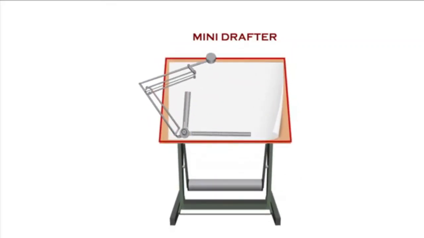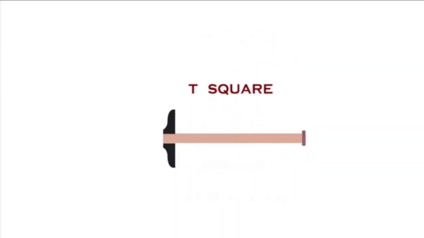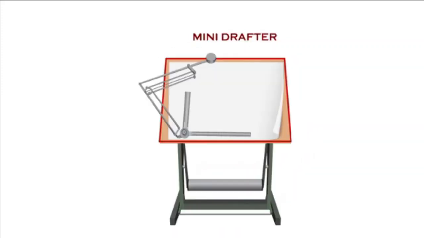So the mini drafter is fixed to the drawing board as seen in this image, and we can move this end wherever we require in the sheet.